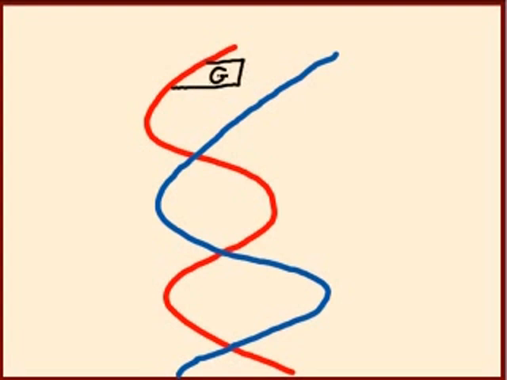Okay, there's a G here. There's an A here. These are your big ones. G and A are the long ones.